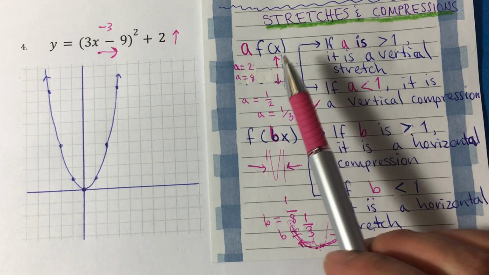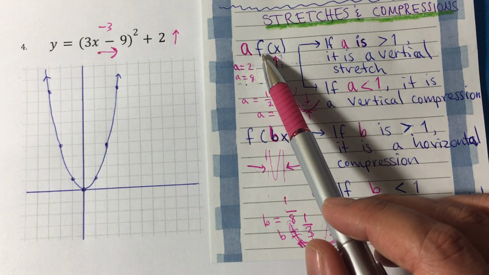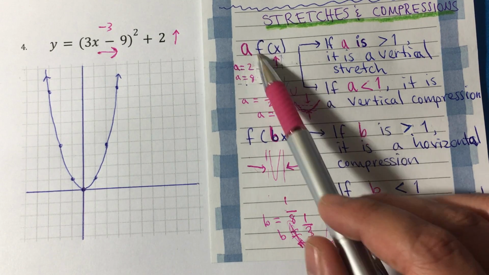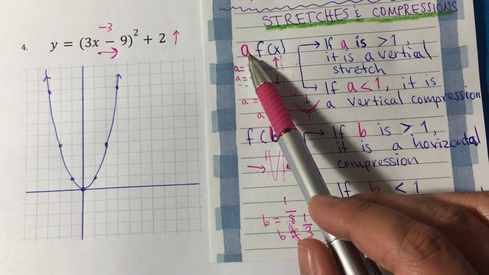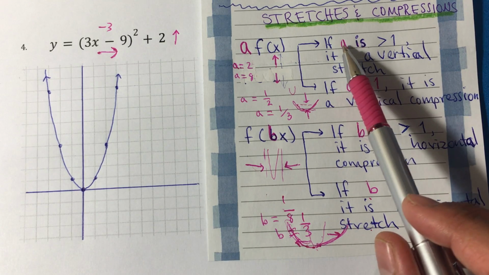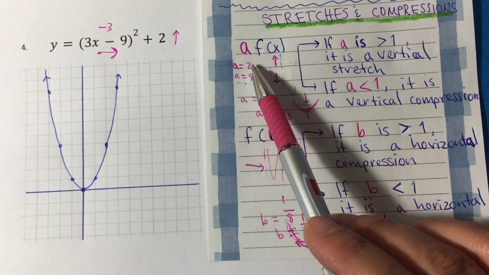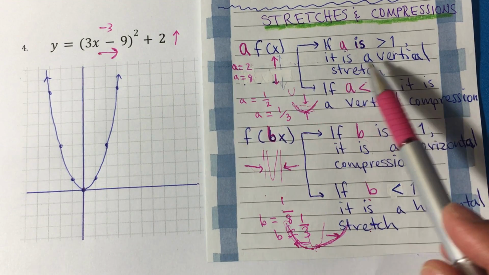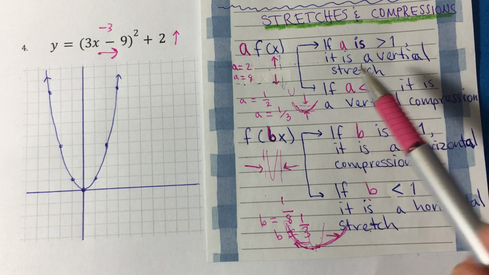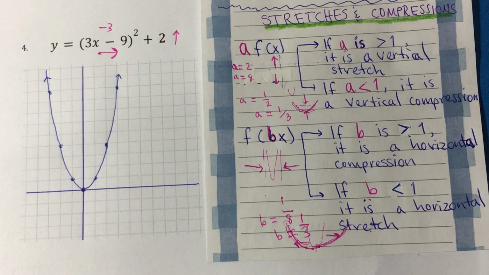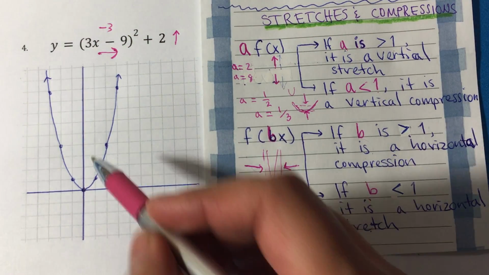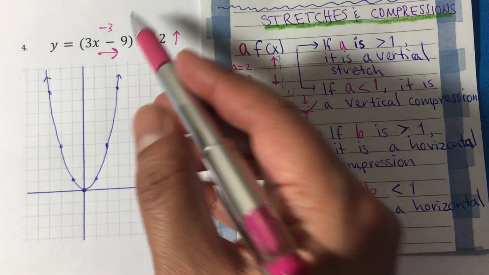Let me explain them. When we have a f of x, meaning that you're multiplying the function by a number outside, and that number, which is the coefficient, is greater than 1, meaning a whole number like a 2, an 8, it's going to be a vertical stretch, meaning it's going to go like this. It's going to grow tall. Each point will go up.